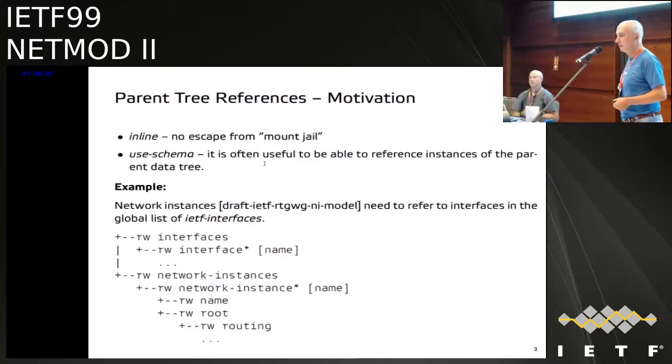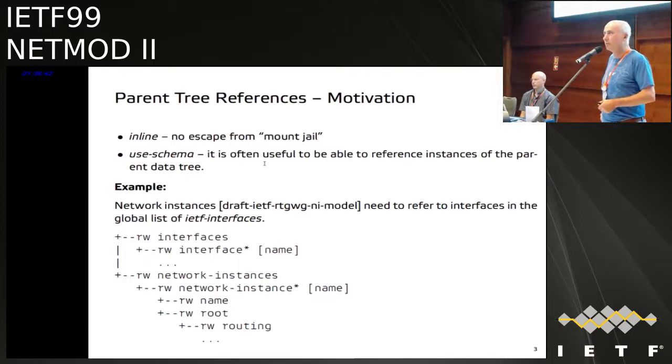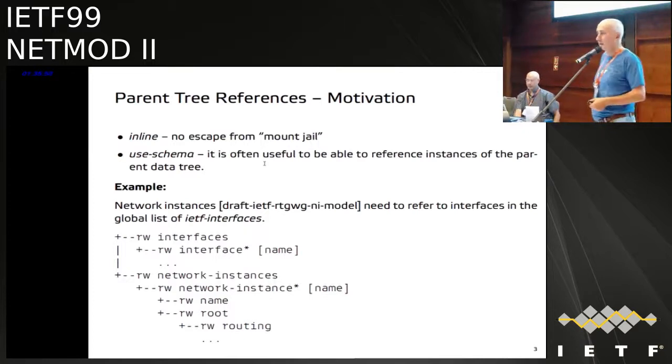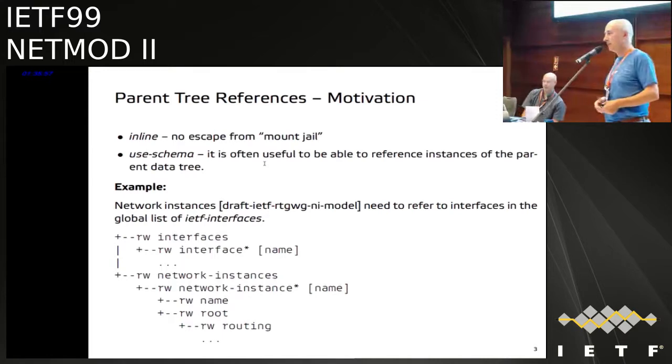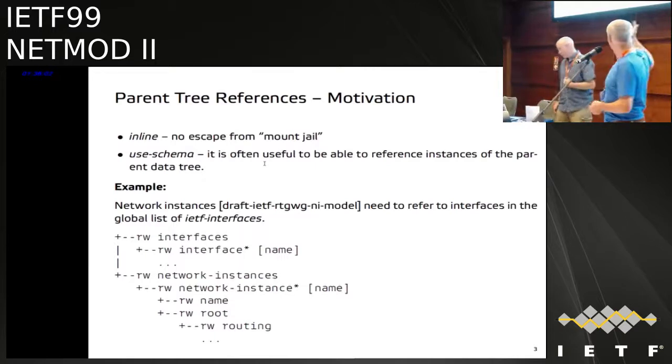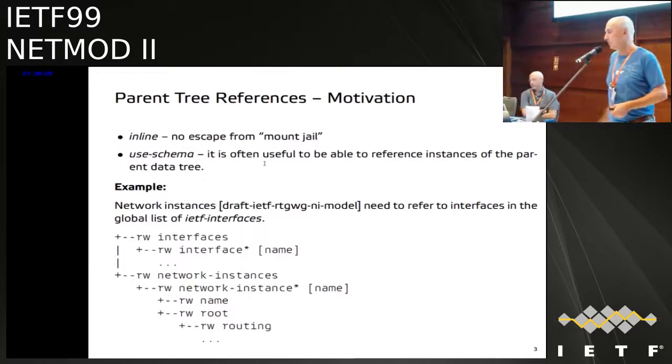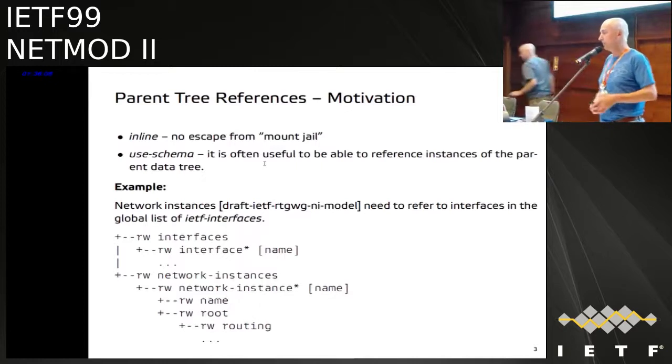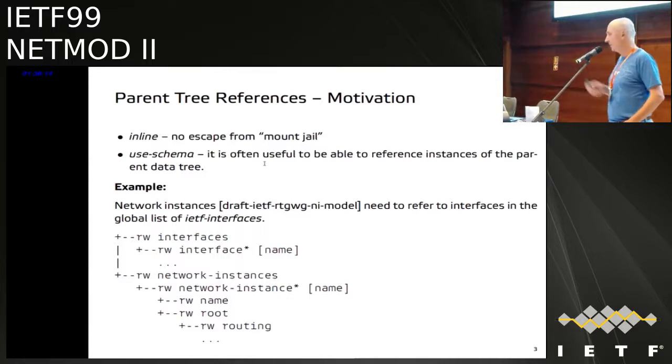However, for the use schema method of defining the mounted schema, as it turns out, it's often useful to be able to reference things in the parent data tree, especially in XPath expressions like must statements, but also in leafref references, for example. So here is an example coming basically from the network instances draft. Maybe it's not the current revision but the idea is basically the same.